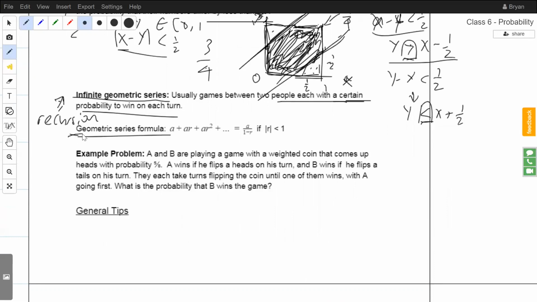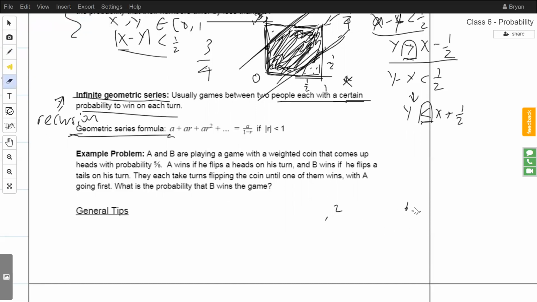And in case you didn't know, a geometric series is basically just a sequence of terms with a starting term A and a common ratio R, and you get the next term by multiplying the previous term by R. For example, a geometric series would be like 1, 2, 4, 8, 16, etc., where A is 1 and R is 2.